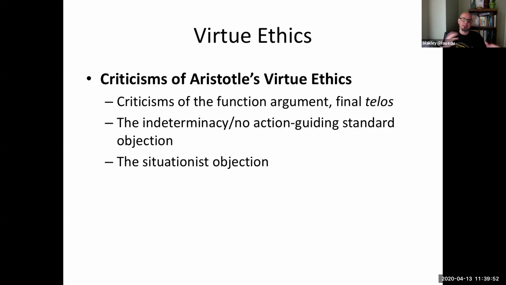That kind of thing. And then there's this last objection called the situationist objection that's based on some social psychology, that says there are some studies that seem to undercut the idea that human beings have stable character traits of the sort that Aristotle's theory presupposes. The situationist objection says that the way people behave is not based on having stable character traits, but rather things in their social environment that influence how they behave.